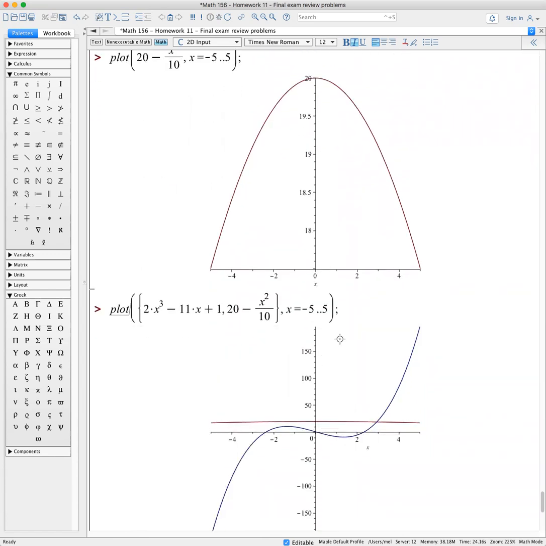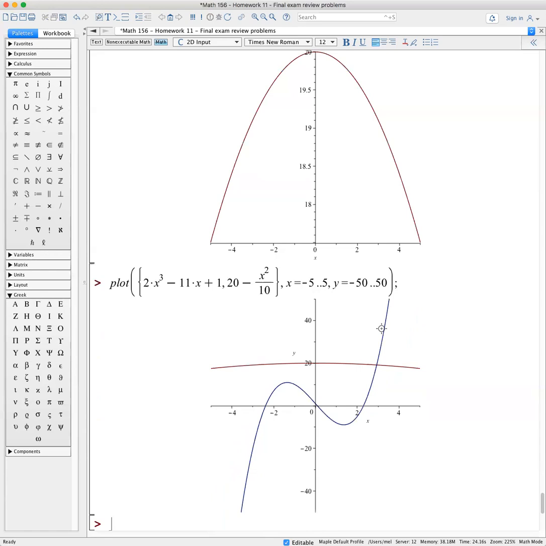But because these numbers get so big, it's hard to see that this is really going down. Suppose I limit the values of y, maybe minus 50 to 50. Let's see what happens then. So you can see this a little bit better. This is my cubic curve. This is the parabola. And you can see they're just intersecting in one place, somewhere close to 3.